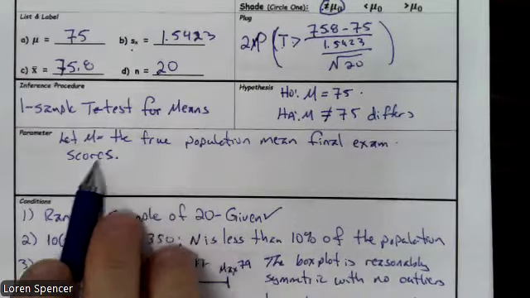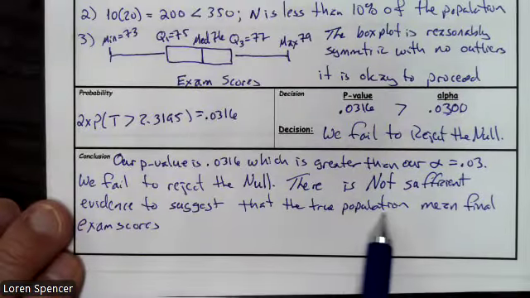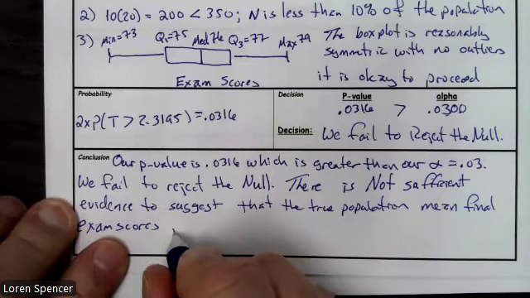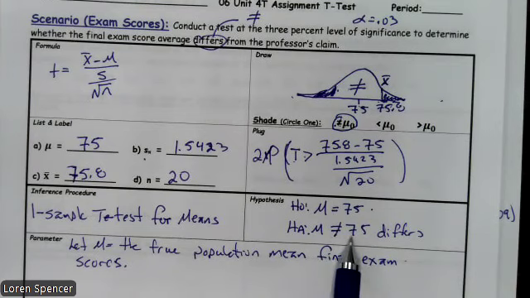All I did is restate the let mu equal true population mean final exam scores, that the true population mean final exam scores is, then I need to restate the alternative in words, is different than 75.